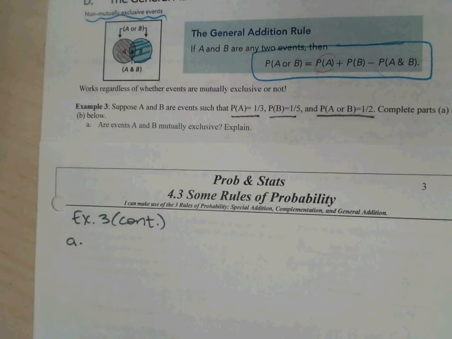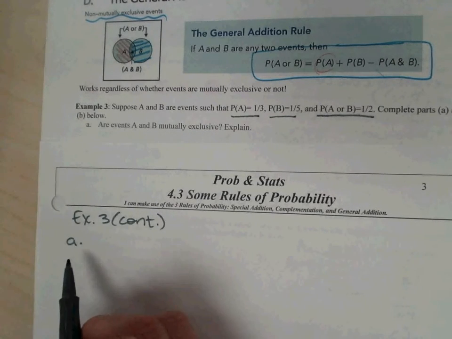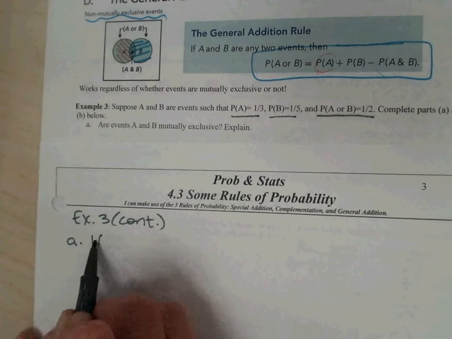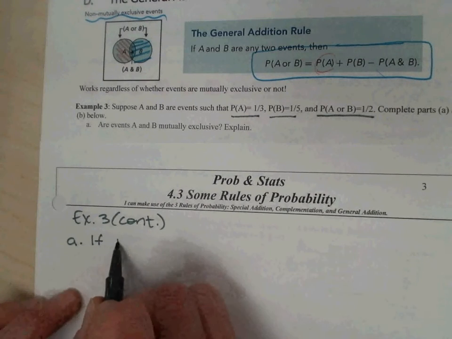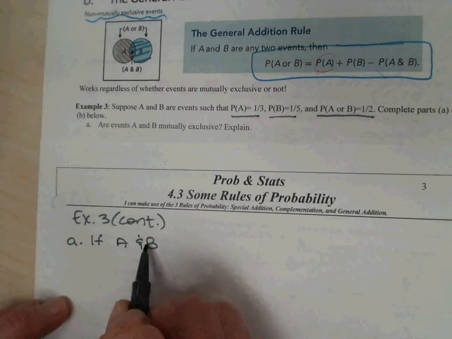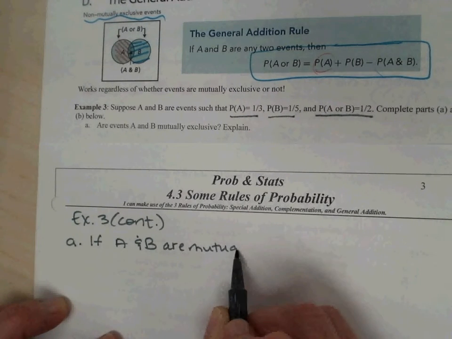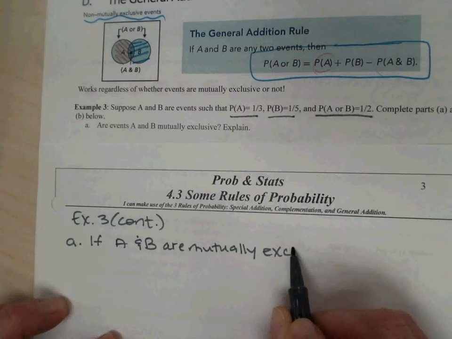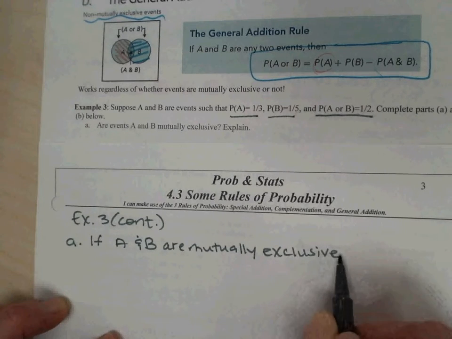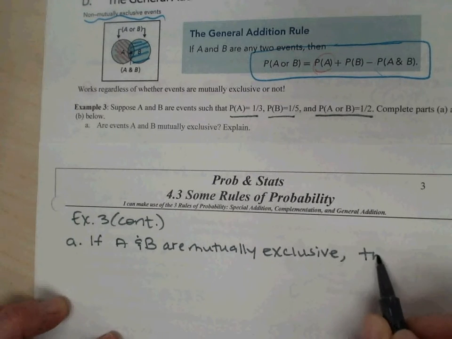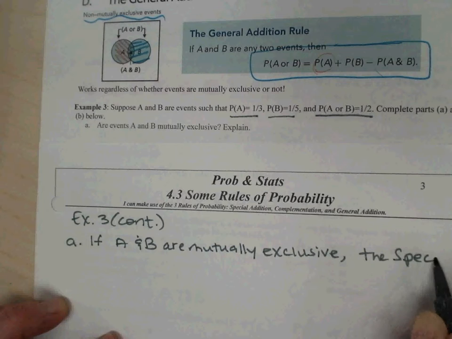So I'm going to write that down just so we can all be on the same page. If A and B are mutually exclusive, the special addition rule works.